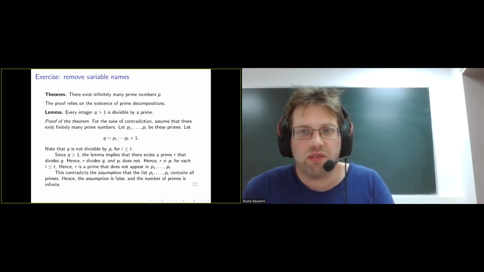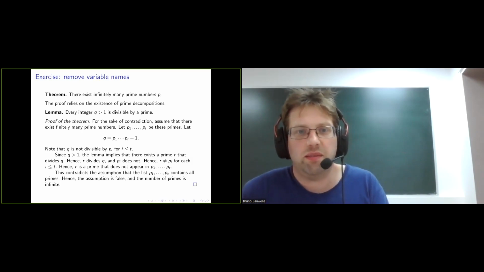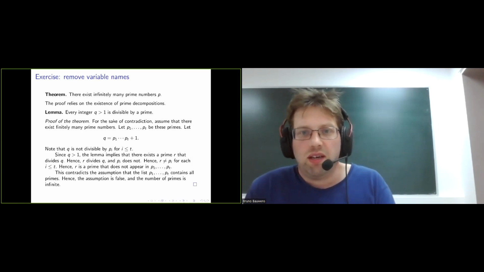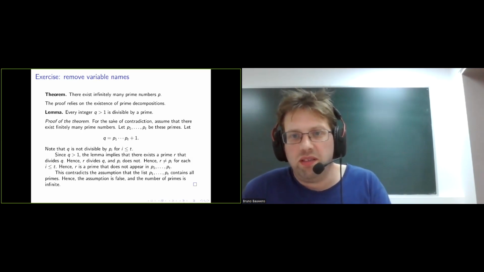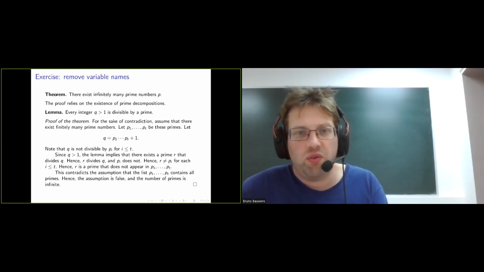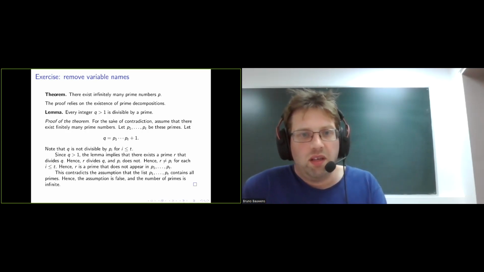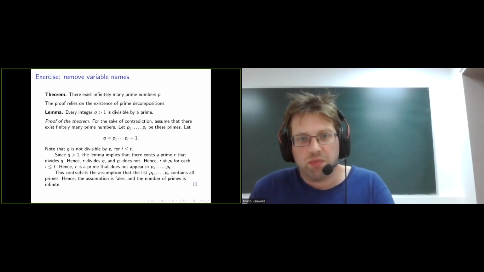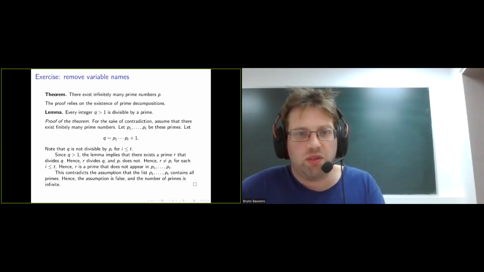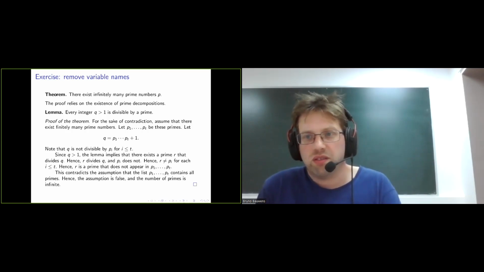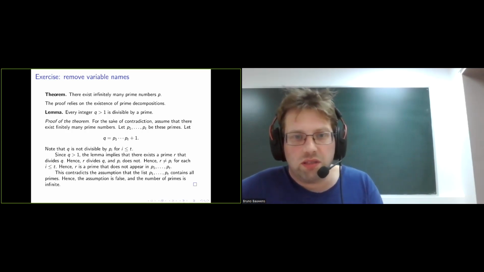Okay, so then let's go to the proof. For the sake of contradiction, assume there exist finitely many prime numbers. Let P1 till Pt be these primes, and let Q equal P1 through Pt plus 1. Note that Q is not divisible by Pi for i smaller than or equal to t. So do you have remarks about this?